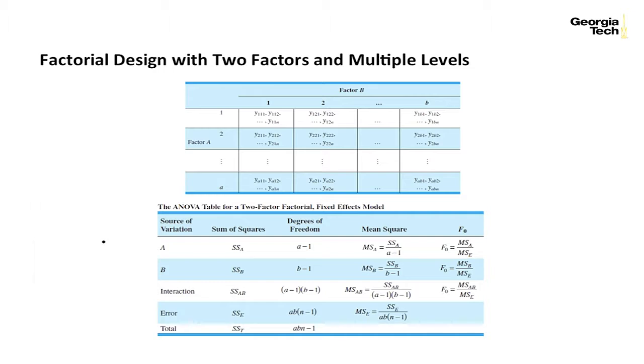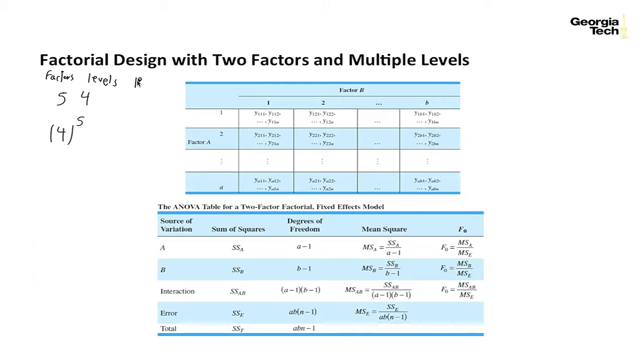The reason is as follows. Sometimes we have more than two factors. In reality, we have 5, 6, or up to 10 factors. So let's say we have 5 factors, and each factor has 3 or 4 levels. Let's say 4 levels. Then the total number of treatment combinations is 4 to the power of 5.